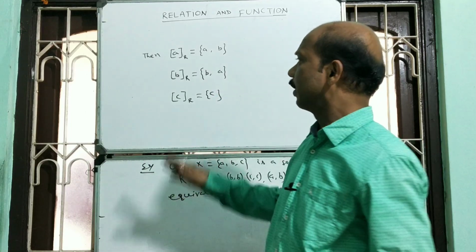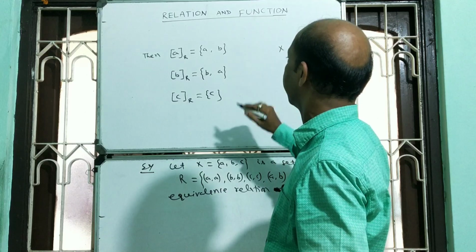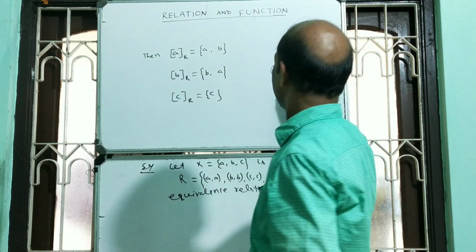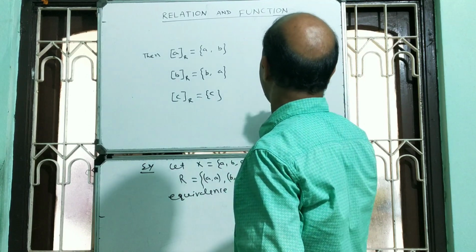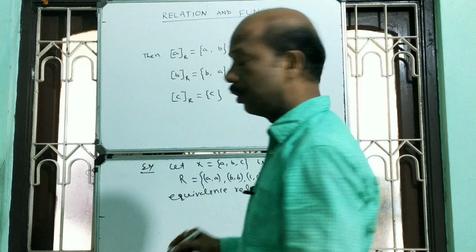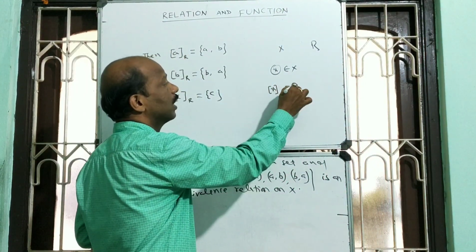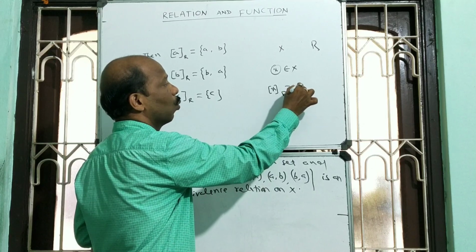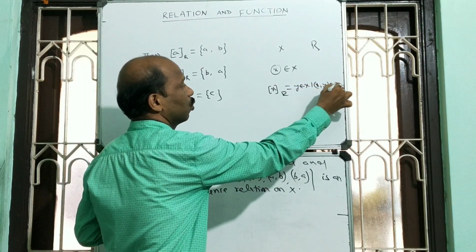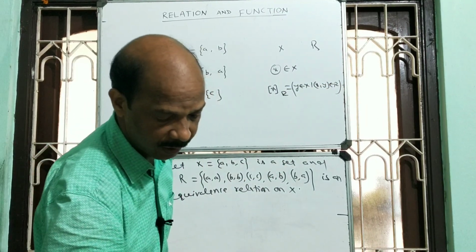That means if X is any set and small x is an element of capital X with an equivalence relation R, then the equivalence class of x with respect to R contains those y belonging to X such that the ordered pair (x, y) belongs to R. This is equivalence class.